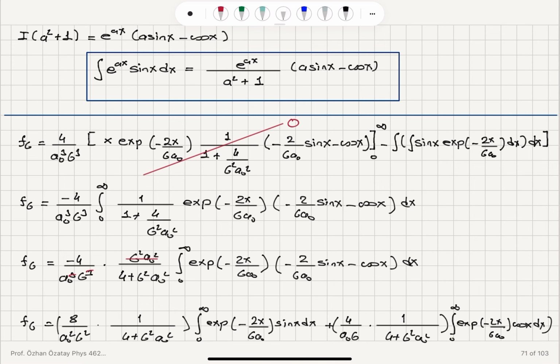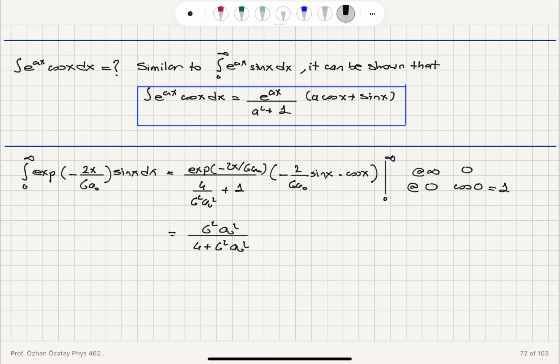Now, as for the cosine integral, we have integral from 0 to infinity exponential minus 2x divided by ga0 cosine x dx. And for this one, I'm substituting this result for the integral of e to the ax cosine x dx.